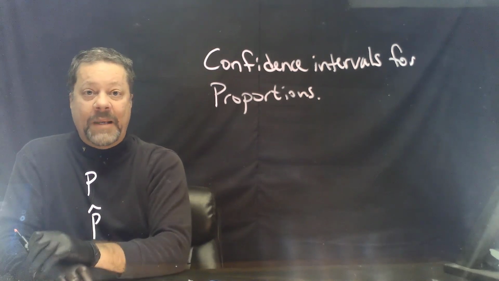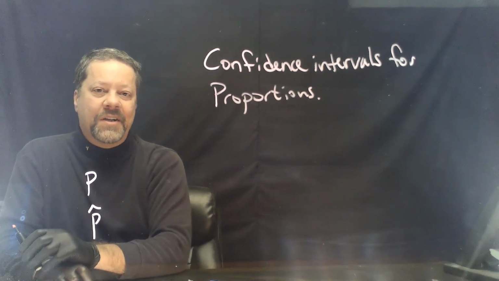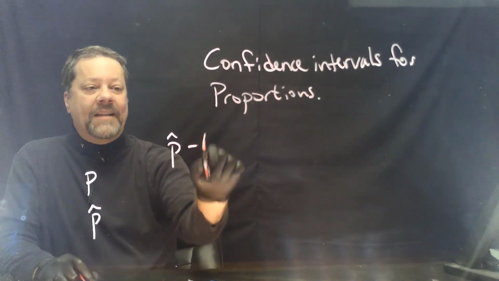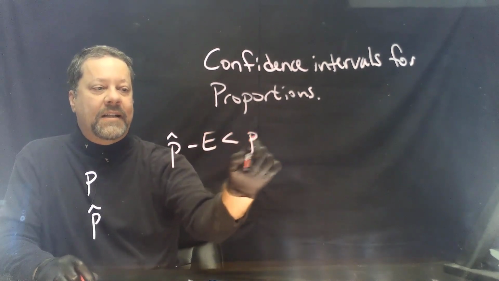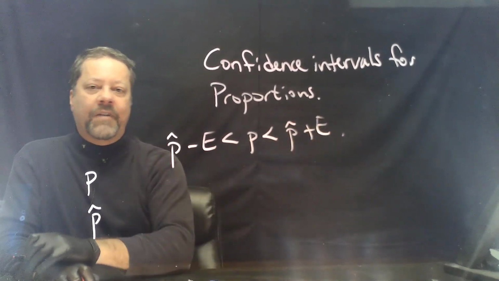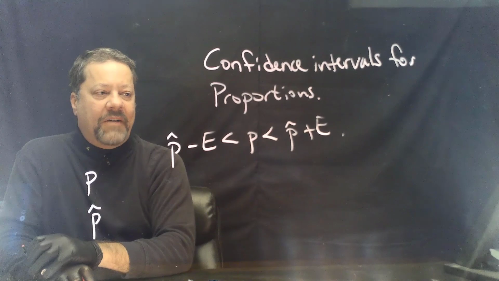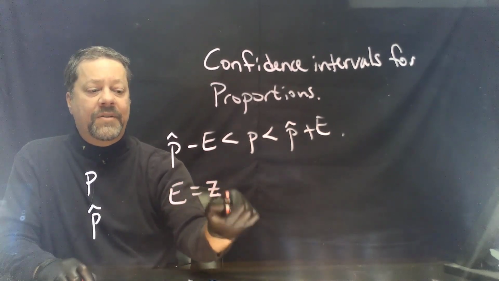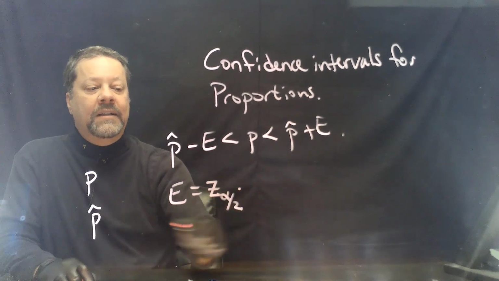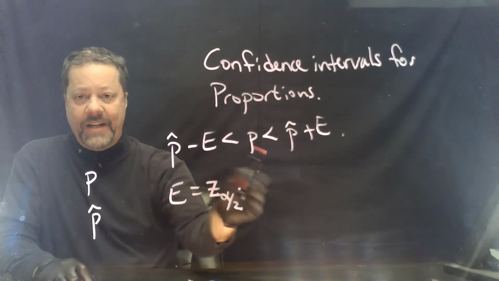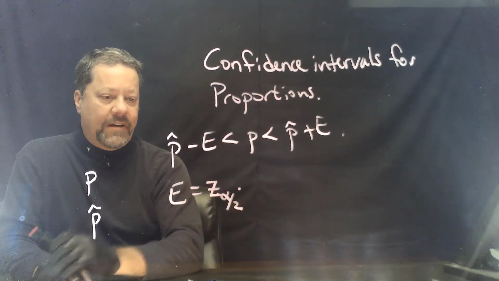We can figure out p hat from a sample that's large enough. So we'll have p hat minus our margin of error is less than p is less than p hat plus the margin of error. So how do you calculate the margin of error? That's going to be your z alpha over 2 times the appropriate standard error, standard deviation.